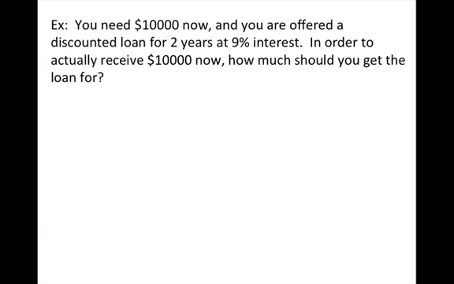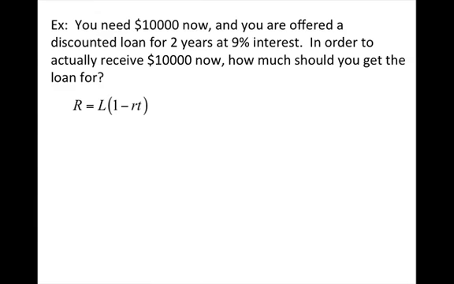Let's look at the next example. You need $10,000 now, and you're offered a discounted loan for 2 years at 9% interest. In order to actually receive the $10,000 now, how much should you get the loan for? Since $10,000 is the amount of money I need the bank to hand me, $10,000 becomes my proceeds.